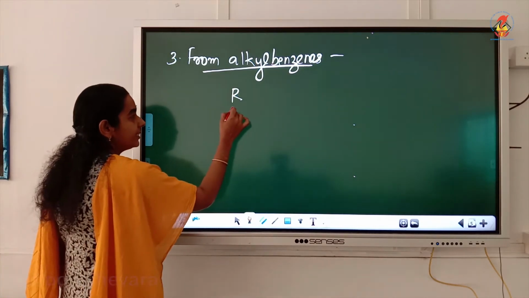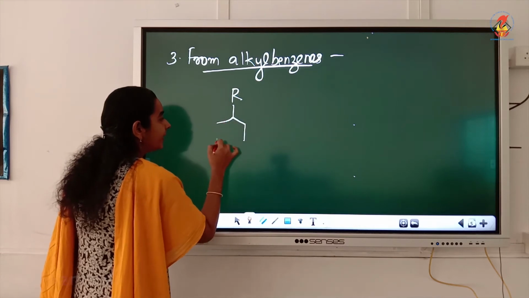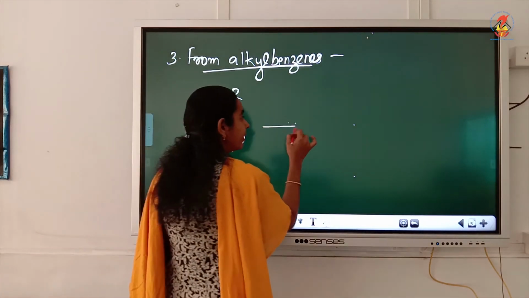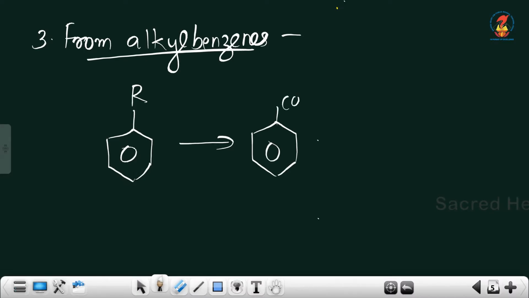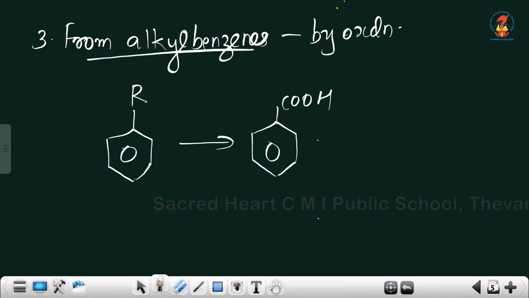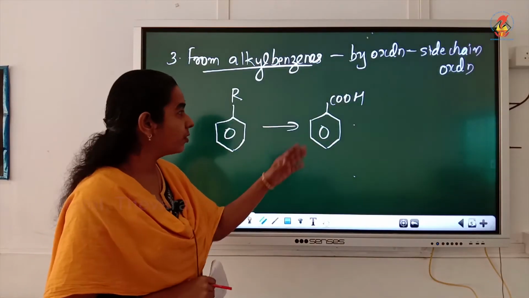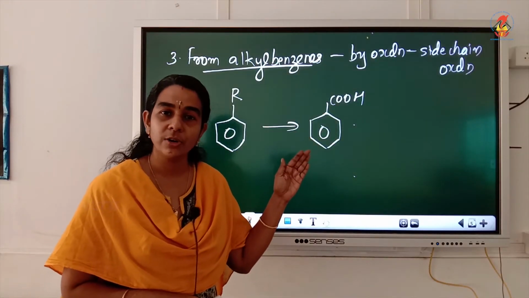So alkyl benzene means R group attached to benzene ring. Now how can we convert this alkyl benzene to benzoic acid? Yes, here also by oxidation. But this oxidation is known as side chain oxidation. So alkyl benzenes can be converted to aromatic carboxylic acids by side chain oxidation.